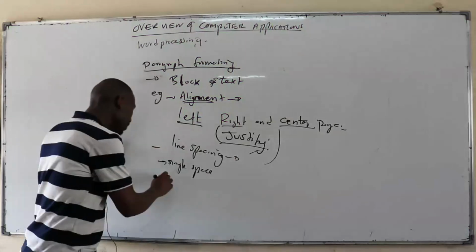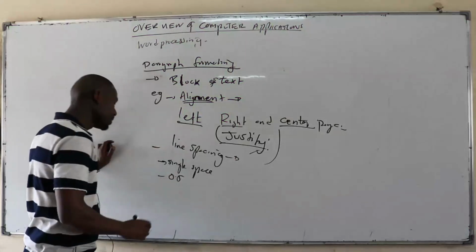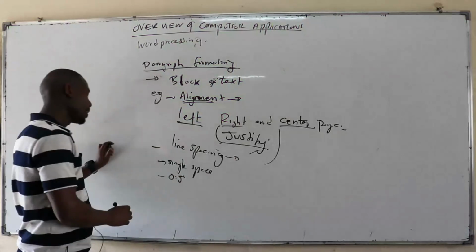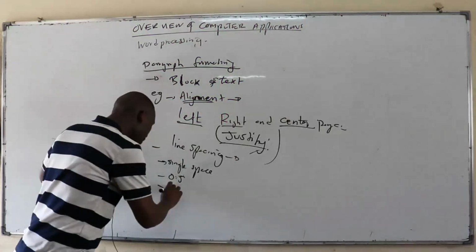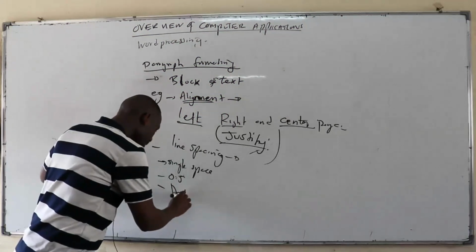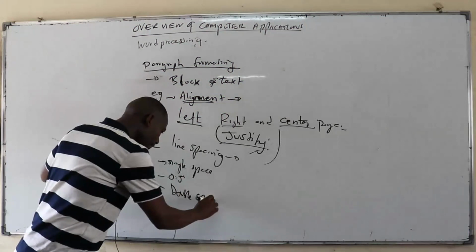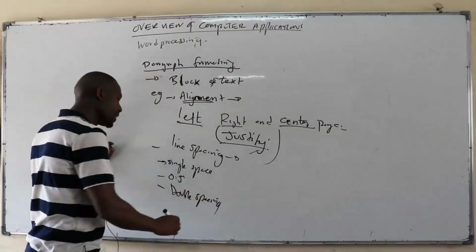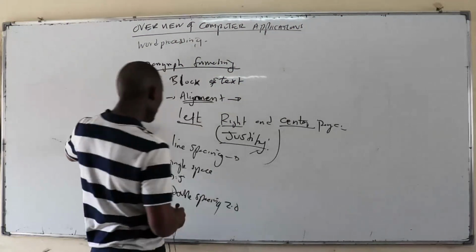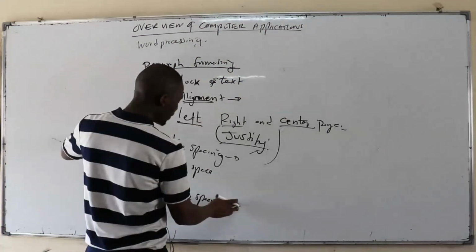We have 0.5 space. After that, we have the double spacing. This one normally leaves a space of 2.0 and above.